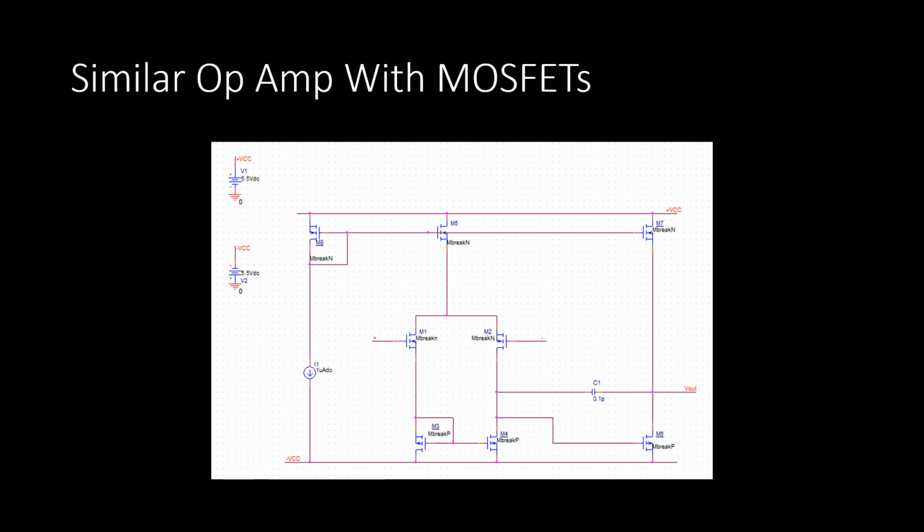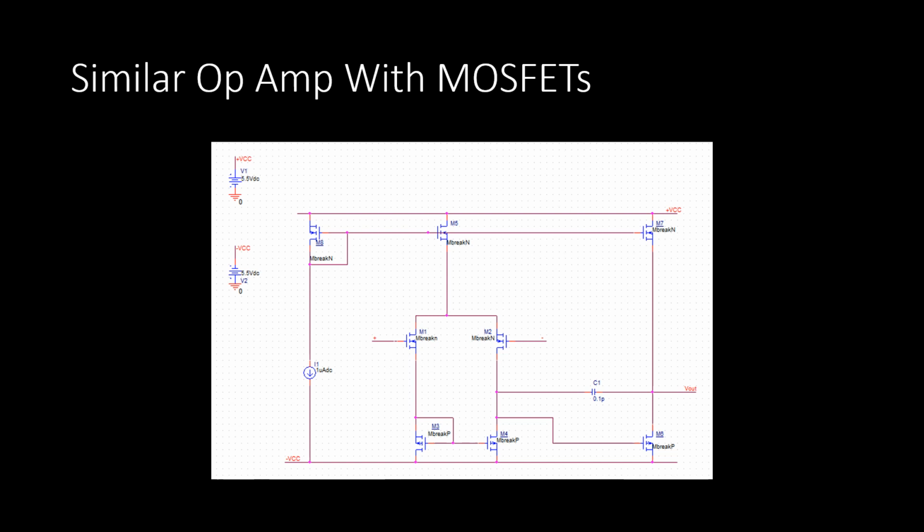Here's what a similar amplifier might look like made out of MOSFETs. The MOSFETs have different characteristics, and thus the performance of this amplifier would be different. Specifically, the frequency response would have a lower cutoff frequency because of the capacitance at the gate.